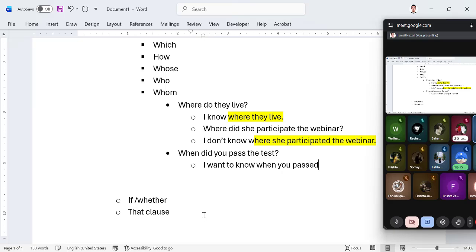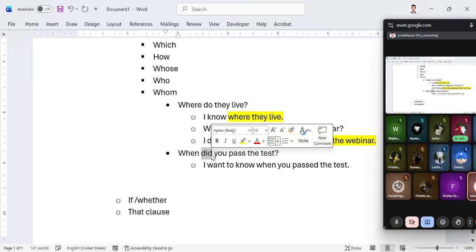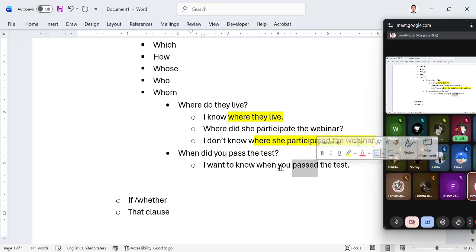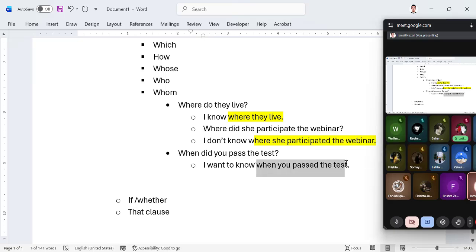When you passed the test, exactly. So here we have when did you, did is simple past. So in order to use the right way, we have to change the main verb. A question is changed to a statement. Here this is the clause. I want to know when you passed the test.